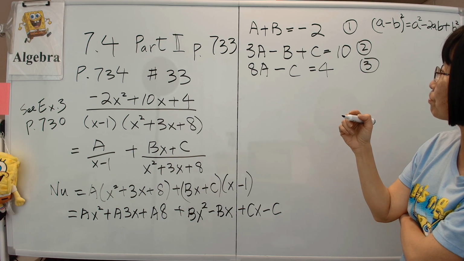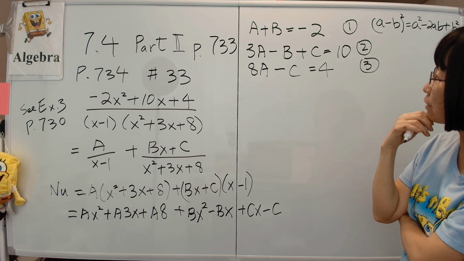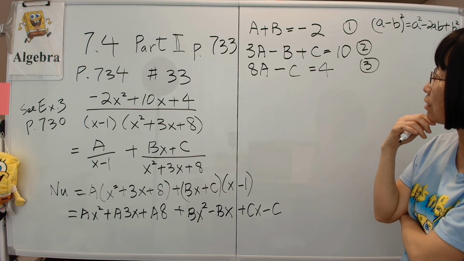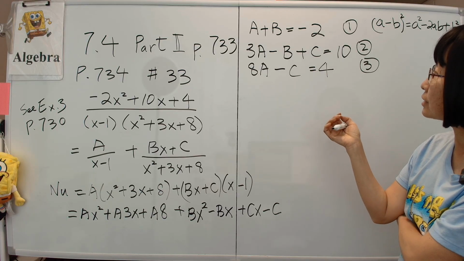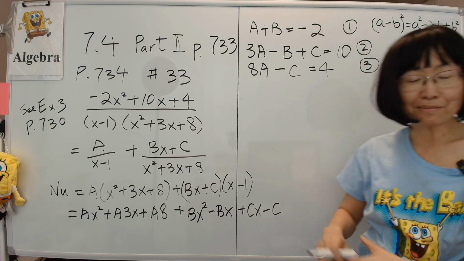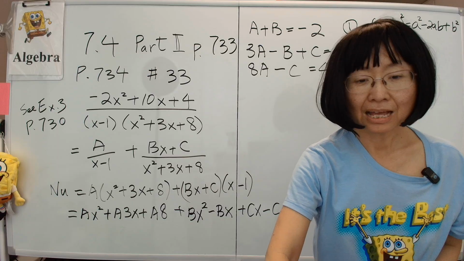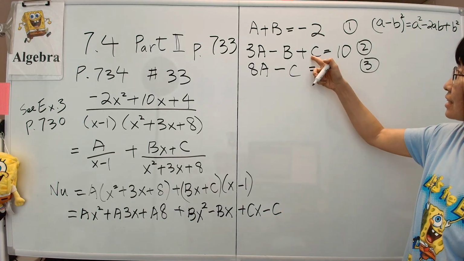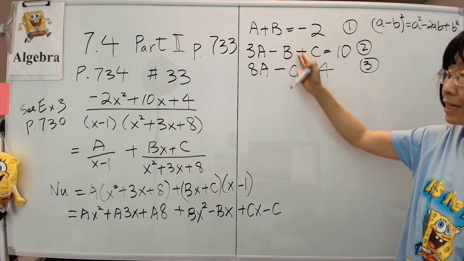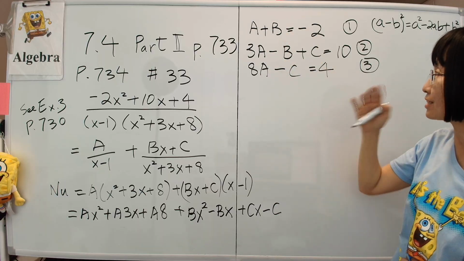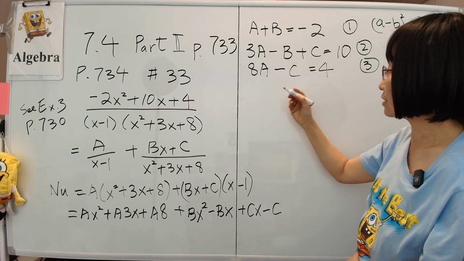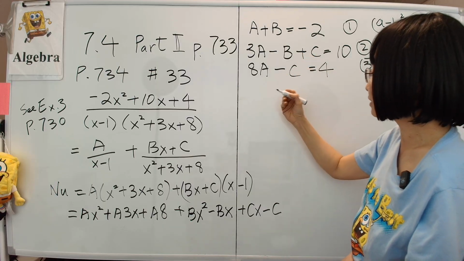Let me think about this. Actually, let's get rid of the c because we already have a and b here. If we get rid of c, we'll have another a and b, and with two a and b's, life will be easier. So we're going to add these two together to get rid of the c. There's a plus c and a minus c, so let's add them up.